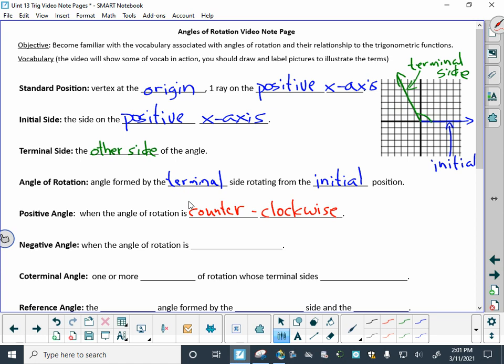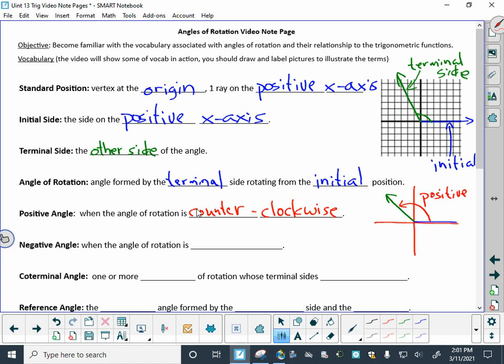So if I consider this angle, I'm going to just draw myself another picture in here with an initial side and a terminal side on it. If I rotate it this direction, counterclockwise, then that is a positive angle of rotation.